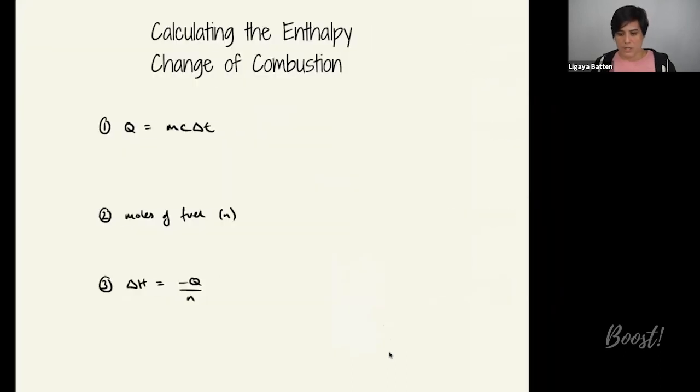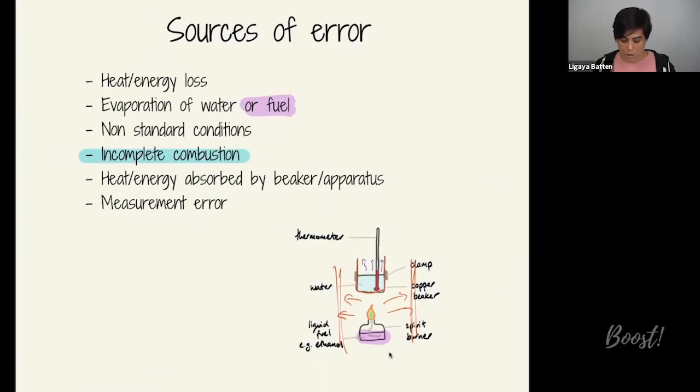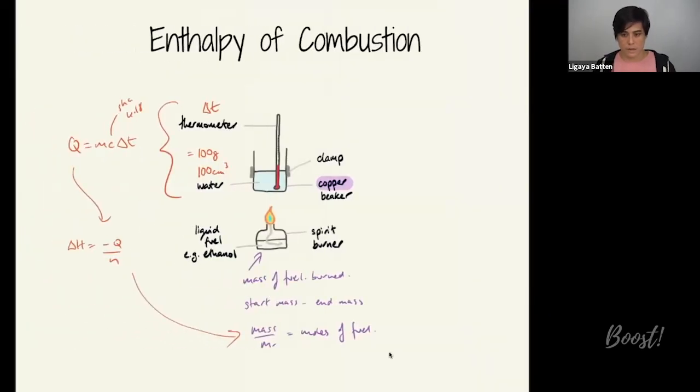So I think we actually went through most of this idea of calculating enthalpy change of combustion, just remembering what I said in the first section, that the Q part of your calculation comes from the water, which is the top half of the apparatus, and the delta H part, i.e. the moles that you want to be calculating, is from the moles of the fuel.